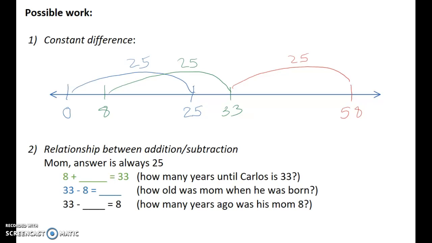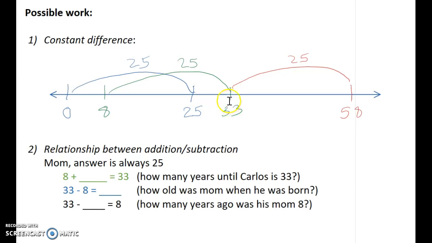As the kids are doing their work, you're going to see a lot of different ideas come out on the paper, but some things that you might start to notice and keep your eyes open for are, number one, looking for constant differences, kids who notice constant differences. So this number line shows that when Carlos was born to his mother's age, that's 25 years. When he's 8 and she's 33, there's still 25 years between them.